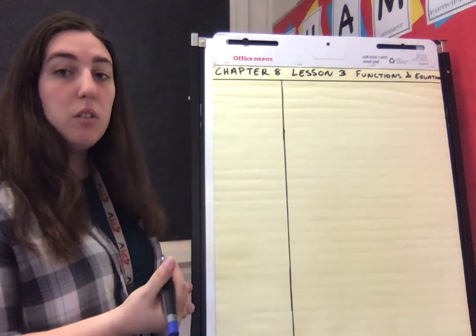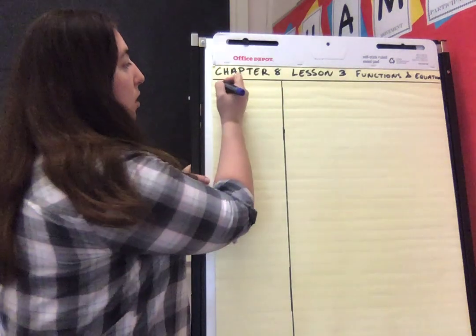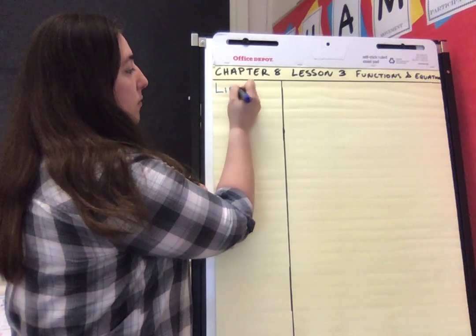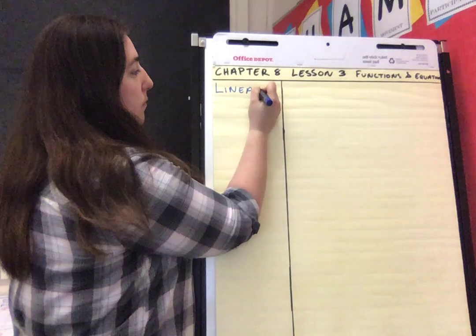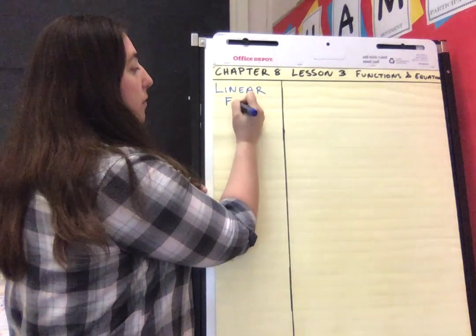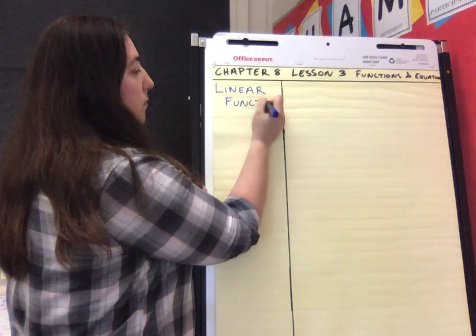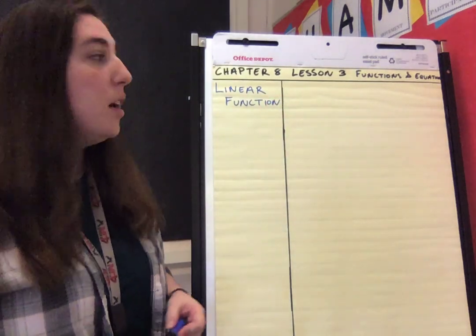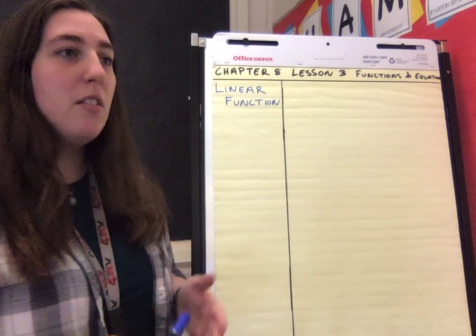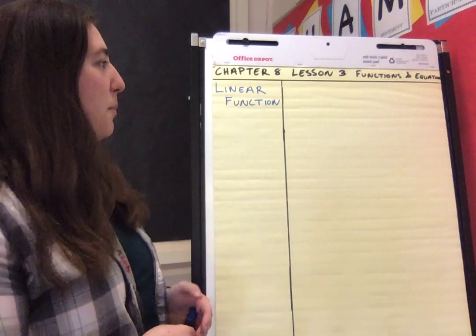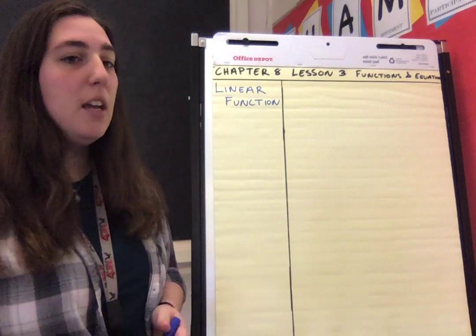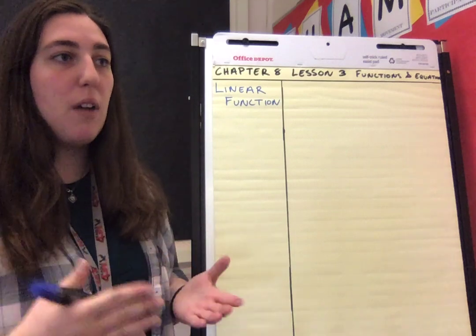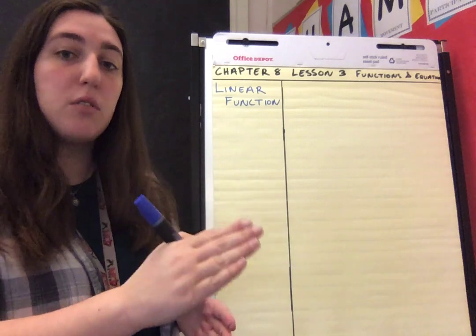First we need to write down some vocabulary. The first vocabulary word is linear function. Some people say linear or linear. I guess linear would make more sense. So a linear function is a function whose graph is a line, and you'll see a straight line.